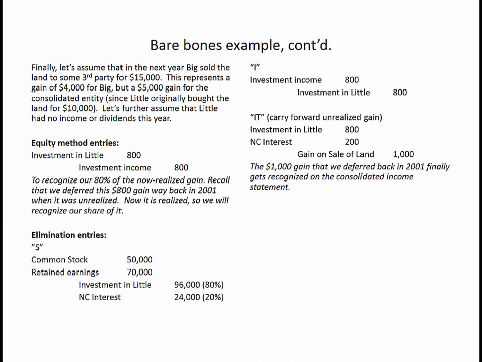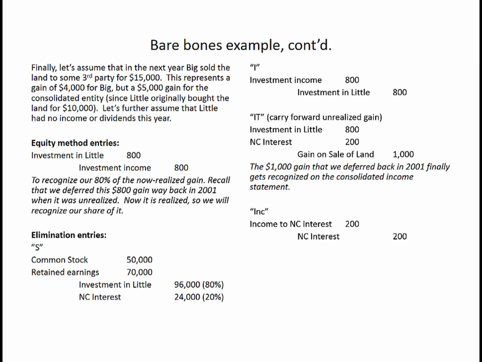That way, on our consolidated income statement, Big is going to report a $4,000 gain on sale because they sold it for $15,000 and their cost was $11,000. Plus, we're also going to add the $1,000 gain from when Little sold it to Big at a $1,000 profit.